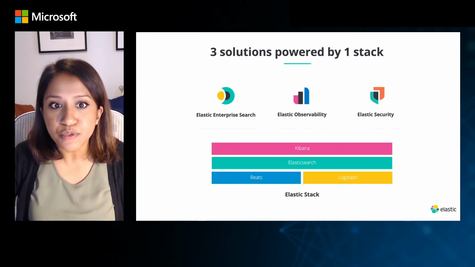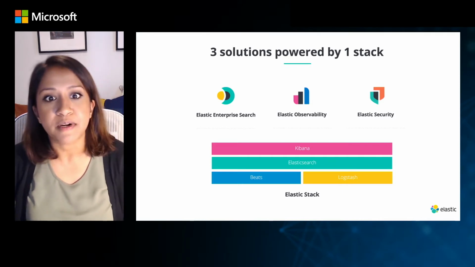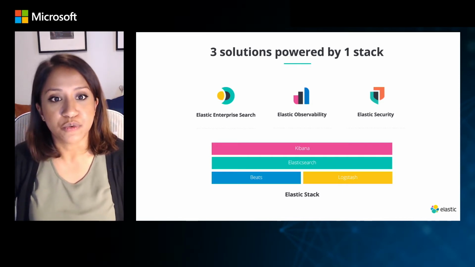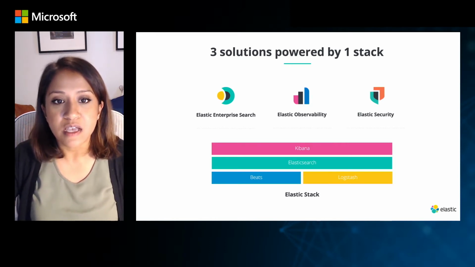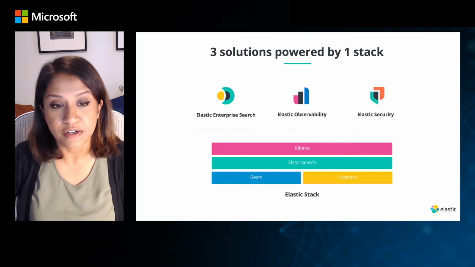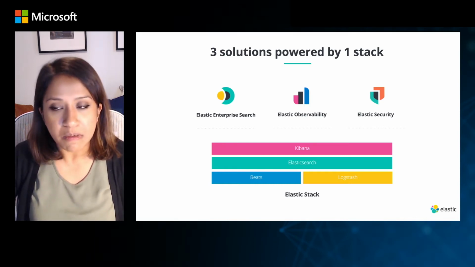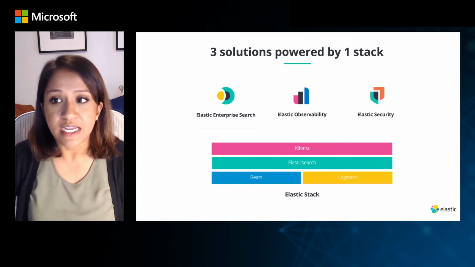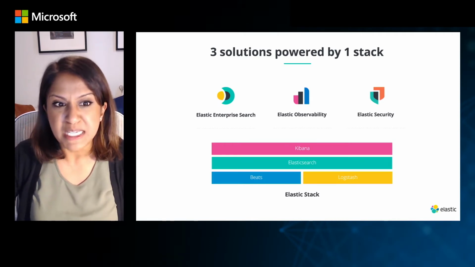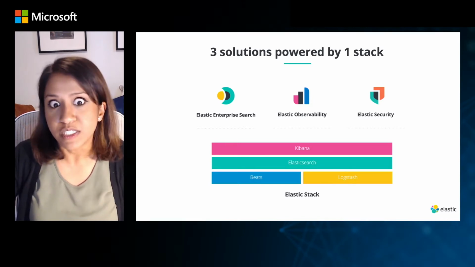So there's no separate logging tool, no separate APM tool, no separate metrics tool, because we know that a typical organization has 10 plus tools that they're using in order to ask questions of their infrastructure and get answers. We really want to bring the speed, scale, and relevance of the Elastic stack to allow you to investigate issues quickly and drive this mean time to resolution to really zero.